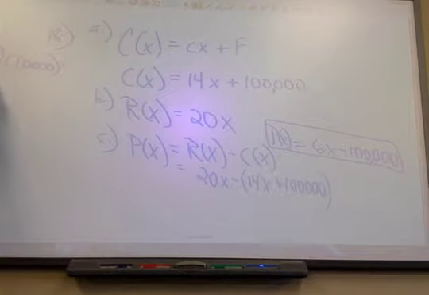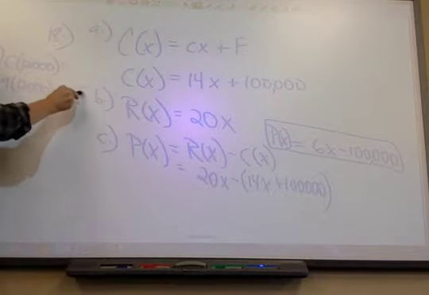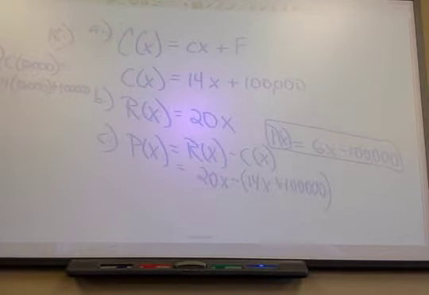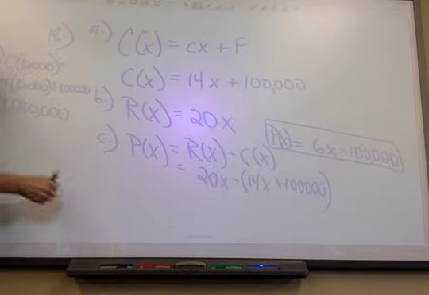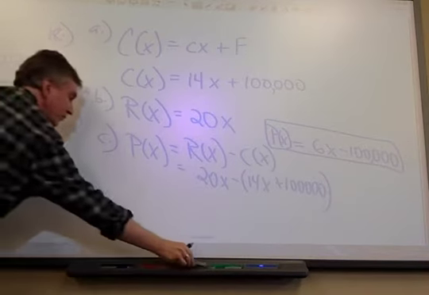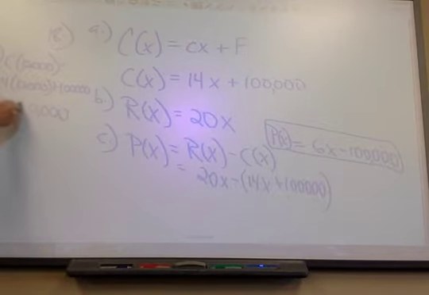That would be 14 times 12,000 plus 100,000. 14 times 12,000 is 168,000. Then you have to add the 100,000, so that would be 268,000. That would be the cost for 12,000.